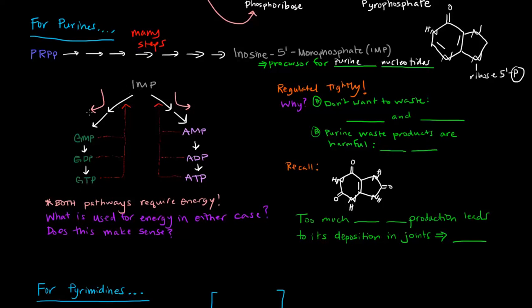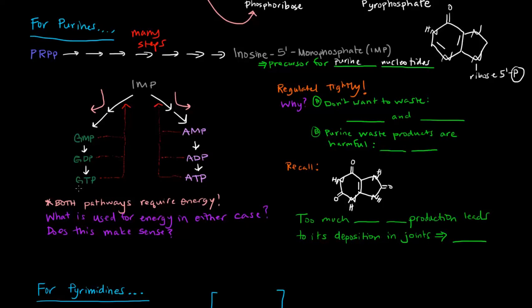So if we want to create GTP and we need a form of energy to power that production, are we going to use GTP? Well, probably not, right? If we're going to make GTP, why would we use GTP? That wouldn't make any sense. You can't use up what you want to make, especially since if you're making GTP, it probably means you don't have much around anyway.